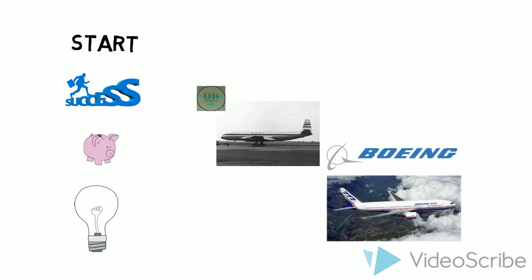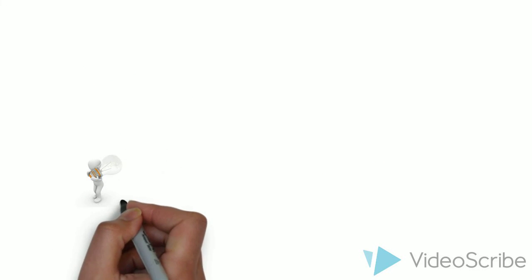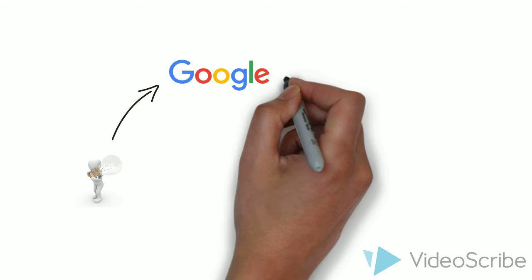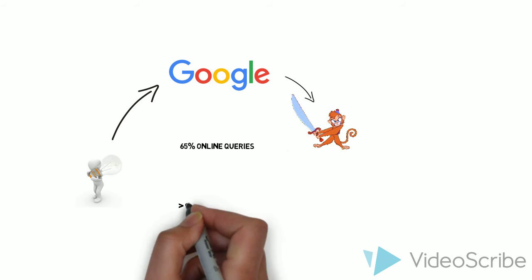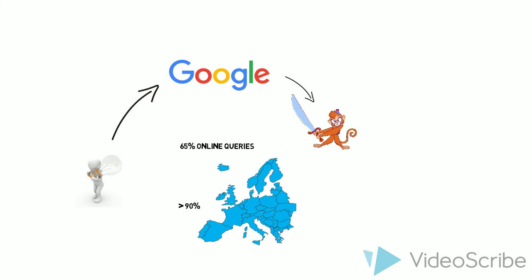innovation to industry dominance. Once an innovator has become an established incumbent firm, such as Google has today, it has strong incentives to defend its strategic position and market power. Google handles some 65% of all online queries, while it handles more than 90% in Europe.